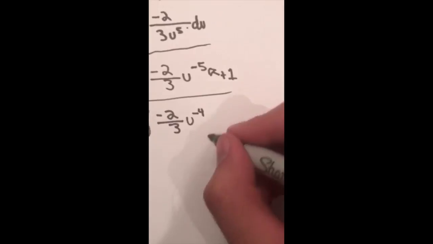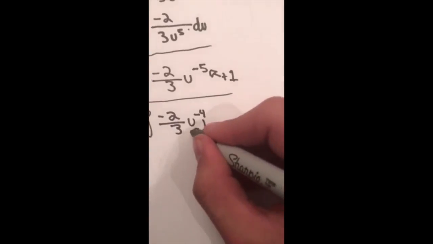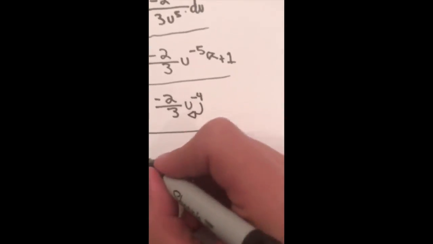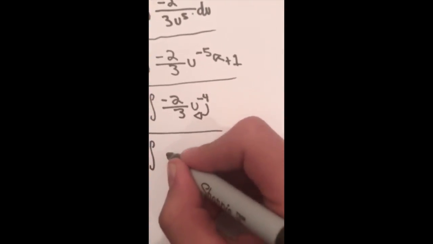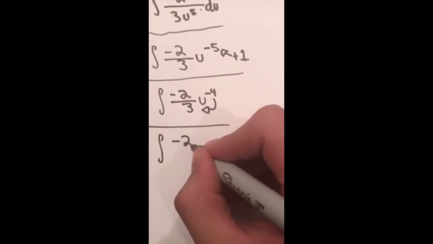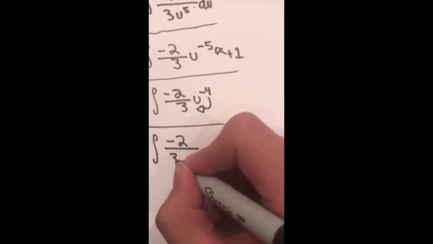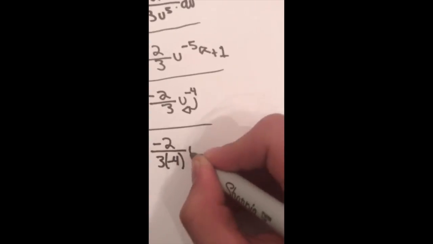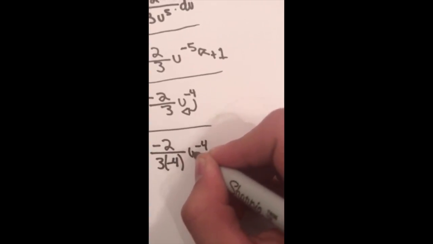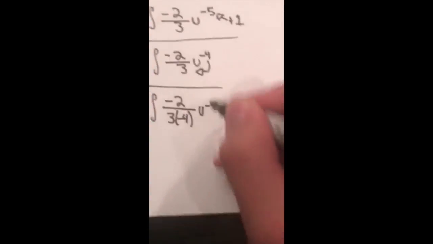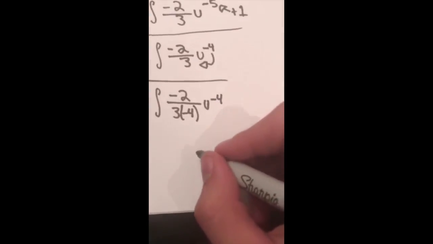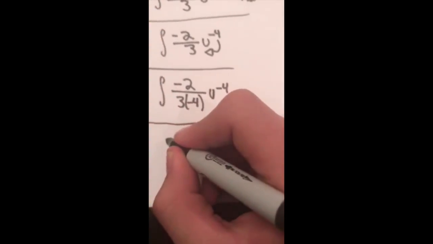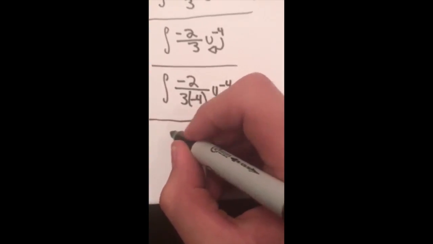Then you have to move the exponent into the division. Multiply 3 times -4 equals -12, and then -2 over -12 simplifies into 1 over 6.